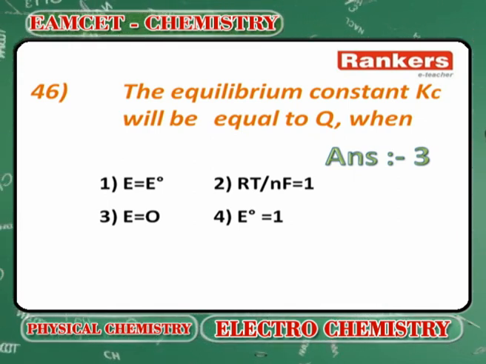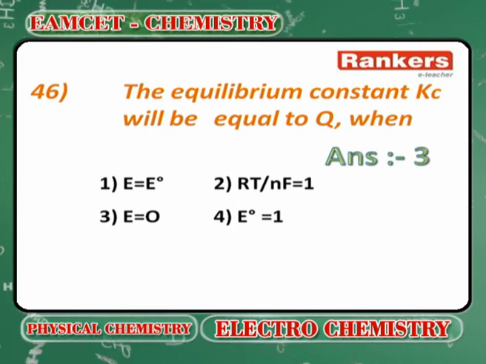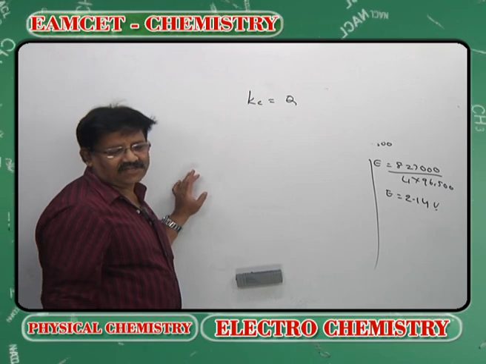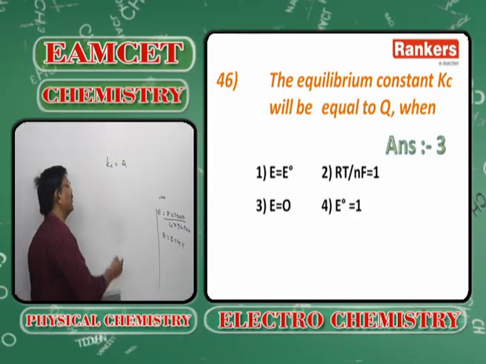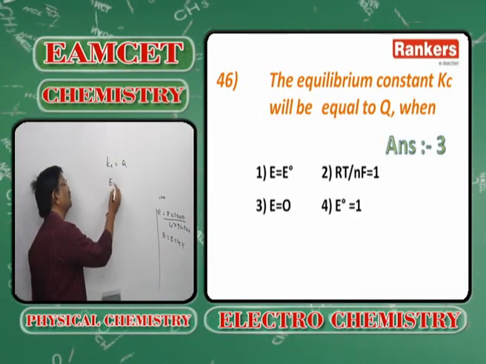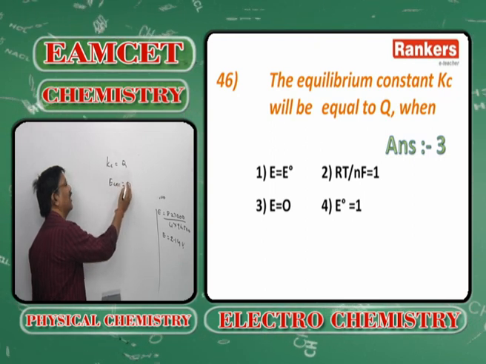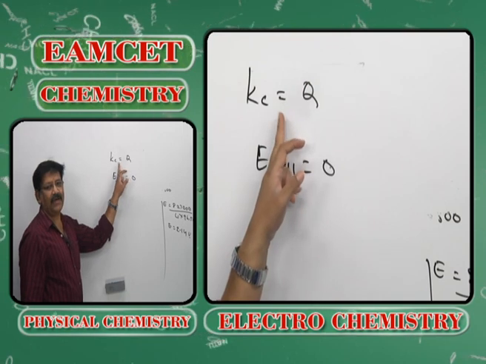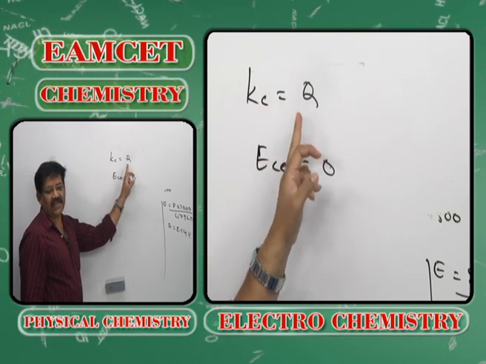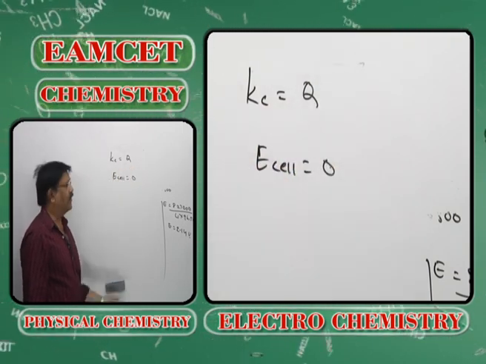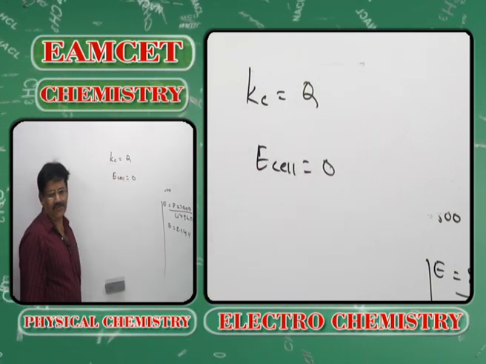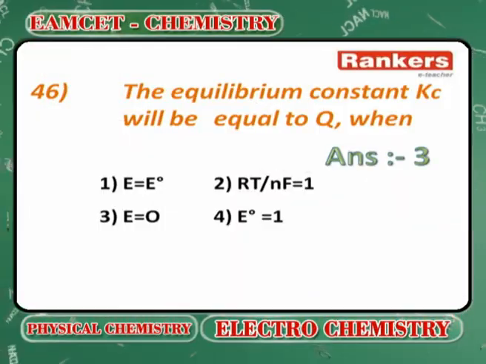Kc can be equal to Q when the process has attained equilibrium. At equilibrium, E cell will be equal to 0. This can happen only when the process attains equilibrium. That is, option 3 is the answer.